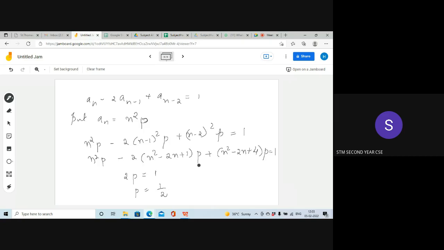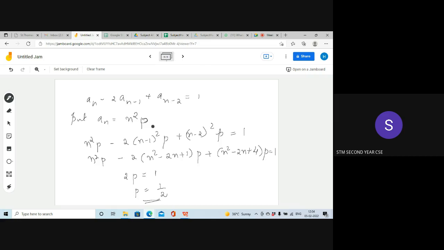Did anyone get this answer? Very good, Taifel. So you are doing it fast. Those who get the answer, just post it in the chat box. So you get p is equal to half.